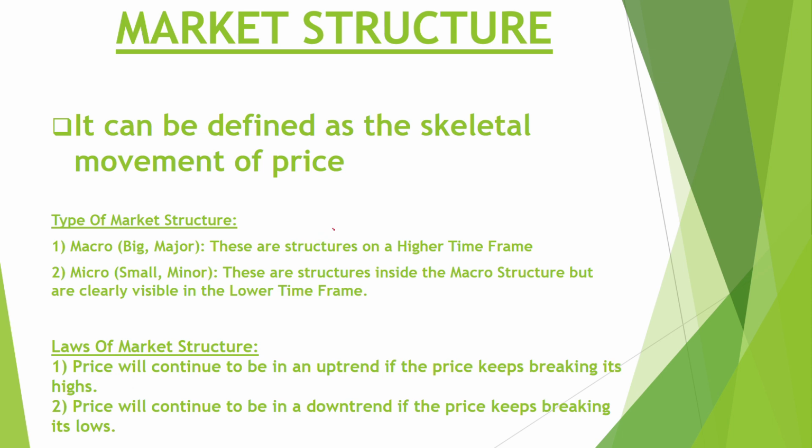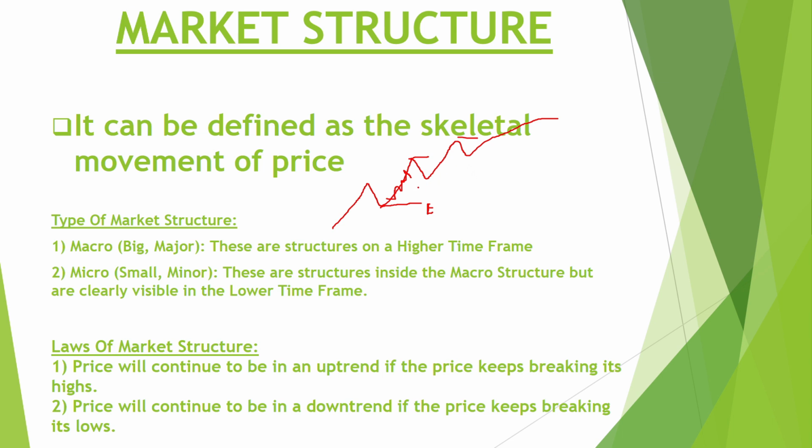If this is your major structure and you took an entry for a buy from this point, on your microstructure you will see something like this inside the major structure. This is your entry, this should be your first take profit, then this is your second take profit.